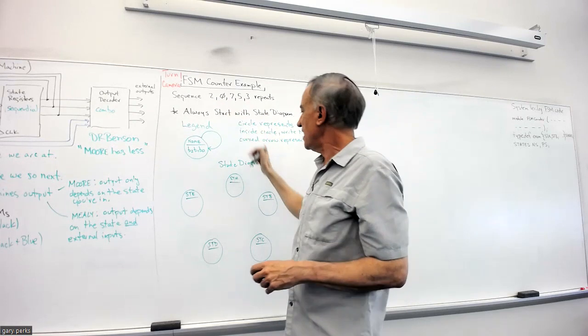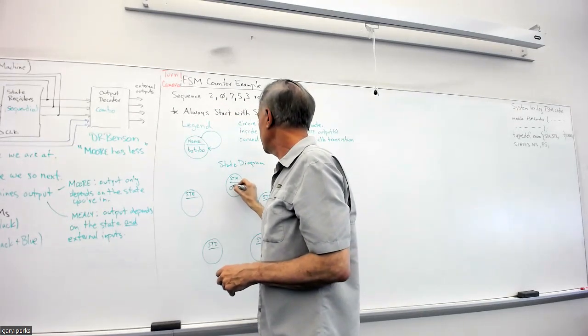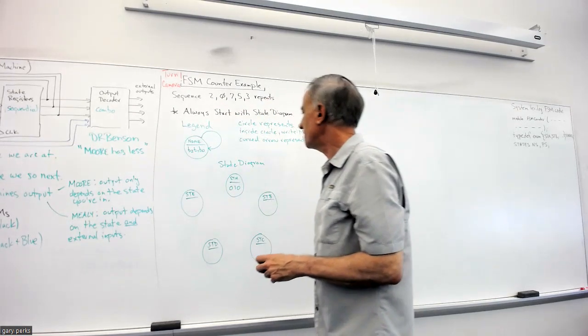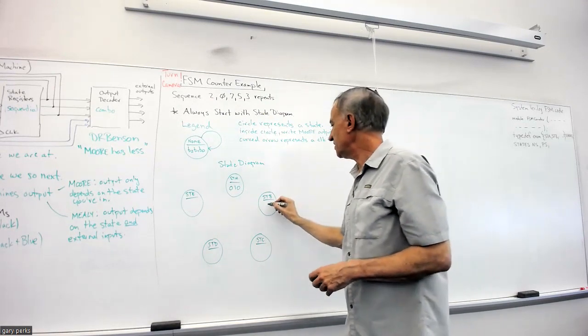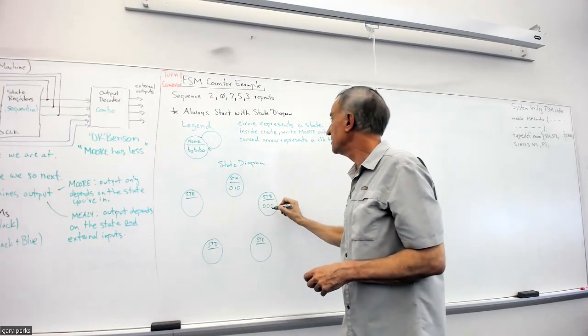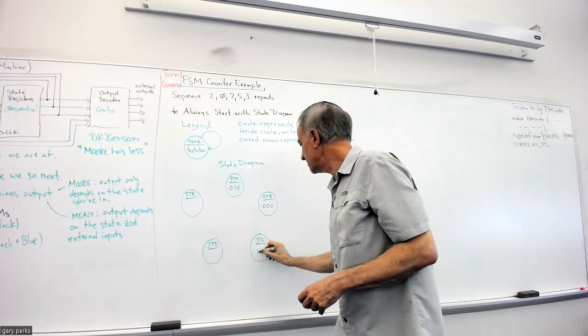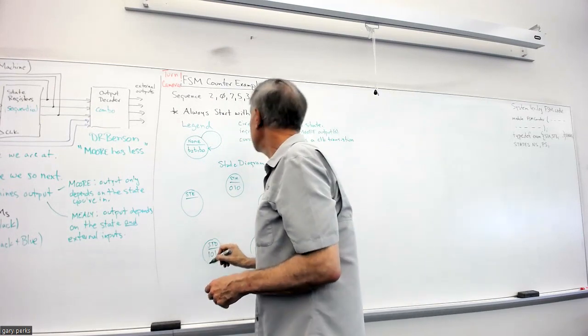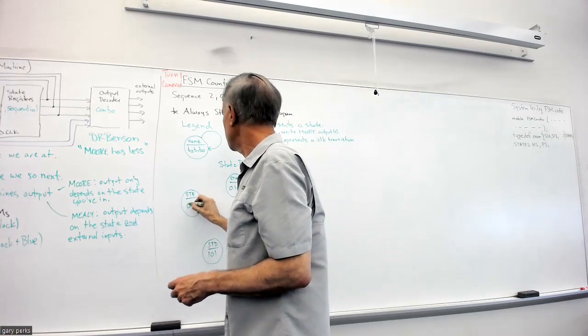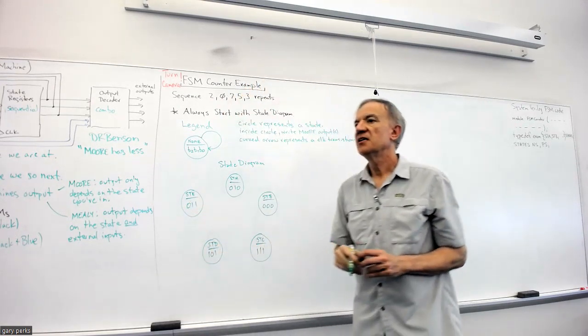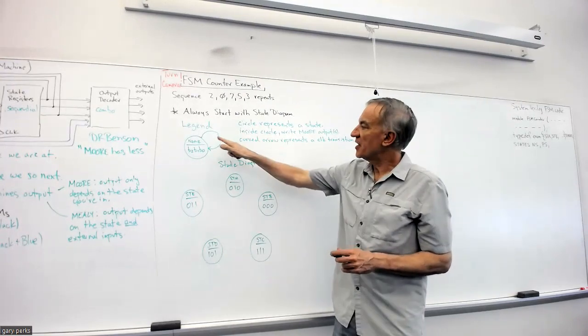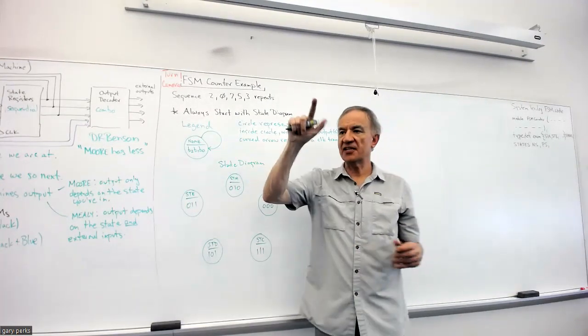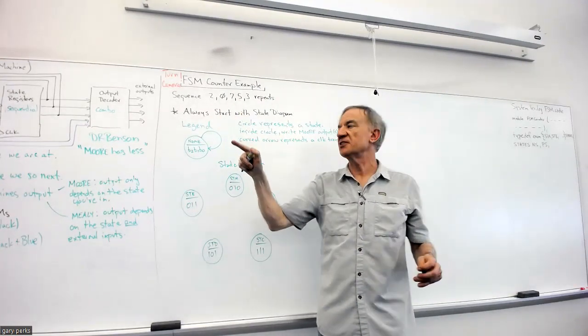So when I'm in state A, we have a 2, right? So I put 2 in binary. When we're in state B, we got a 0. State C, all 1s. State D, 1, 0, 1. And state E, 0, 1, 1. Okay, and now I'm going to put in the clock transitions that shows the order of the sequence.